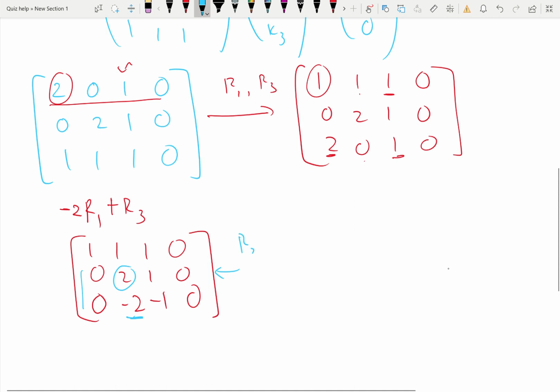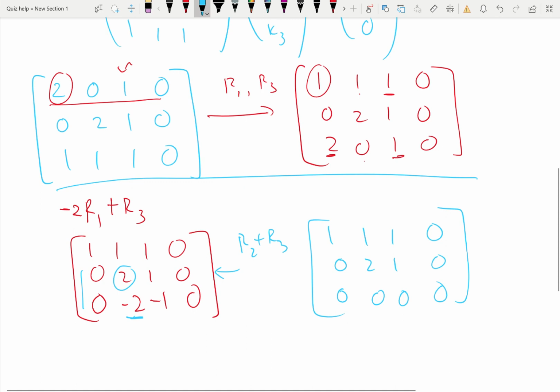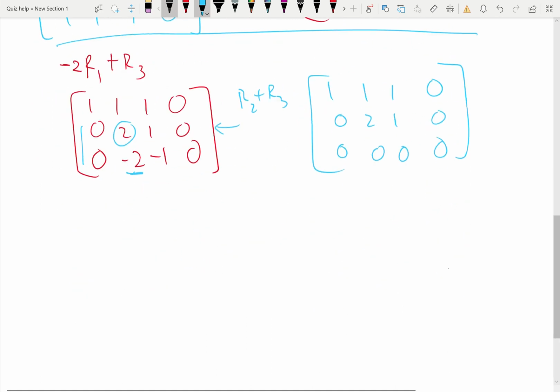So what you can do is R2 plus R3, and right away you get 0. 1 1 1 0, 0 2 1 0, 0 0 0 0. That's the advantage. If you do this in the smart way, your life becomes so much easier. Anyway, we now move on to the third pivot position, and at this point we don't really care.